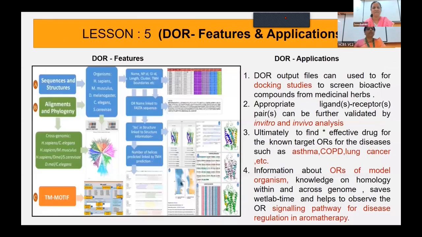The database has very fantastic features, having the sequence and structure information, and it includes information on Homo sapiens, Mus musculus, Drosophila melanogaster, C. elegans, and yeast. We could get its alignment and phylogeny for the unigenome and the cross genome, and also the conserved motifs, predicted topology, secondary structures, and the ligand binding sites.